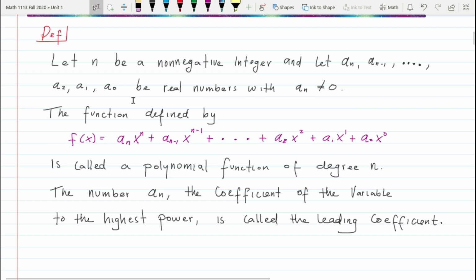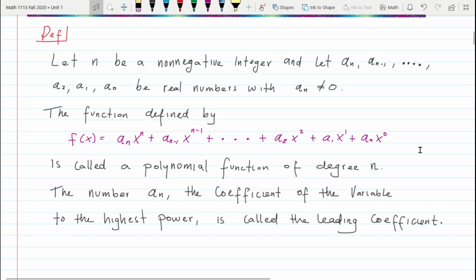Then if we define a function f of x to be this right here, so it's just a number times x to the power n plus a sub n minus 1 times x to the power n minus 1, and so on until the indices decrease all the way to a sub 0.